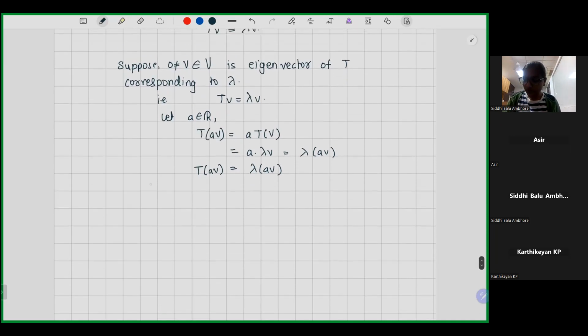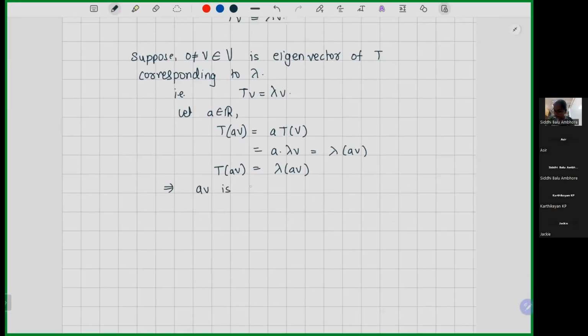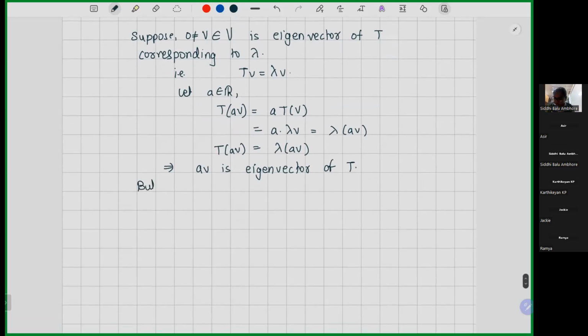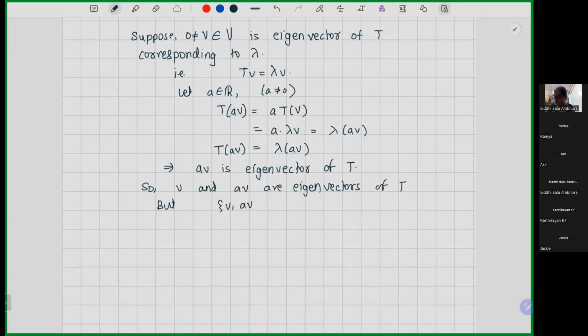This implies that av is an eigenvector of T. So v and av are both eigenvectors of T, but clearly they are not a linearly independent set.